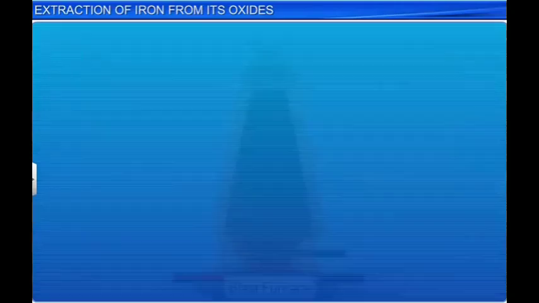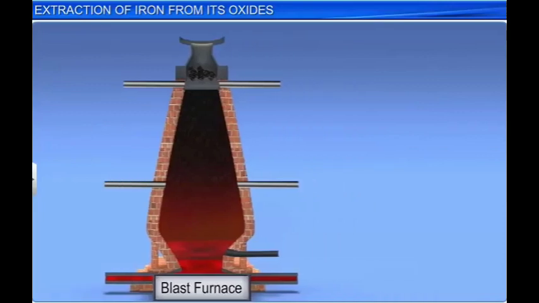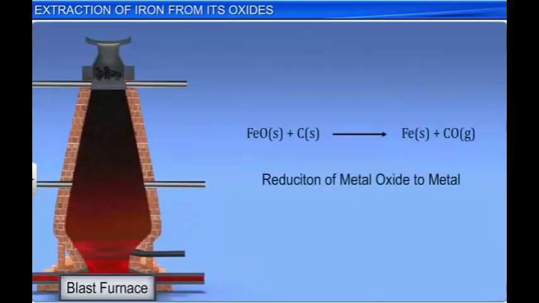This concentrated ore is mixed with limestone and coke and sent into a blast furnace to reduce metal oxide to metal. Here, coke reduces ferrous oxide to iron, releasing carbon dioxide, as shown in the equation here.